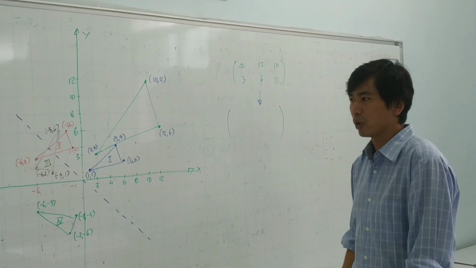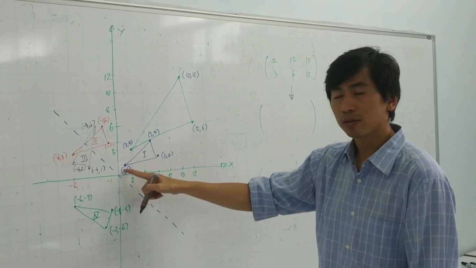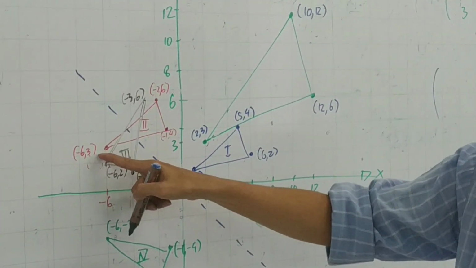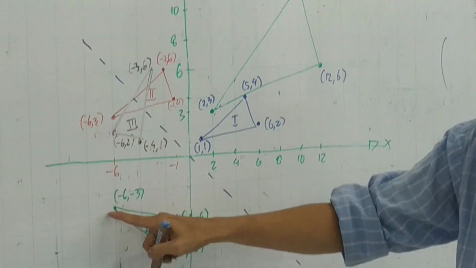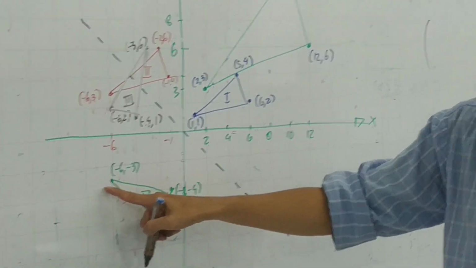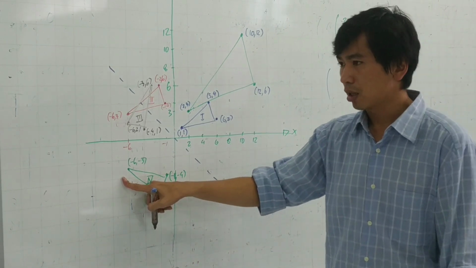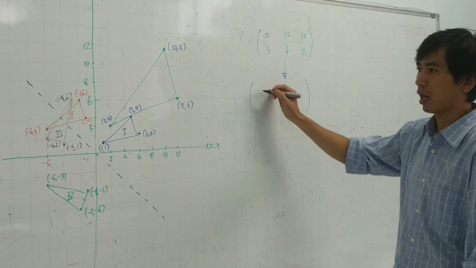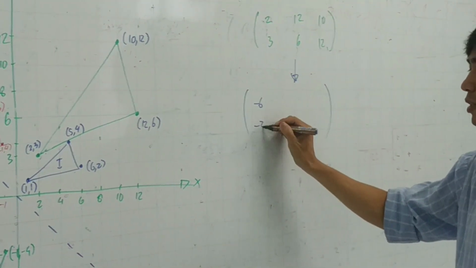So what are the points? 2, 3 becomes 1, 1, then later becomes negative 6, 3, then through the reflection becomes negative 3, 6, and lastly becomes negative 6, negative 3 by the rotation of 90 degrees counterclockwise.